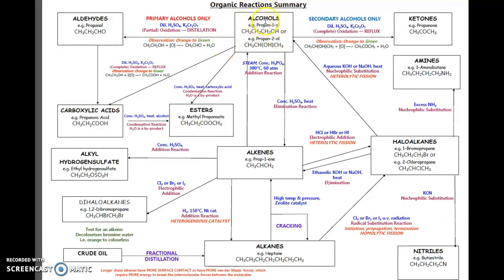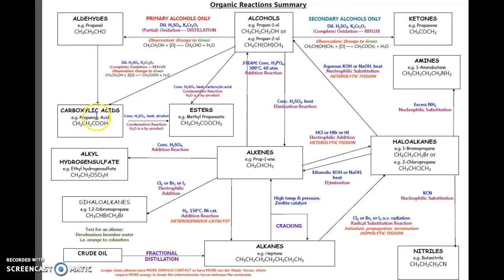Certainly alcohols themselves, how secondary alcohols can be converted into ketones, primary alcohols into aldehydes for partial oxidation, or for complete oxidation under reflux, they can be formed into carboxylic acids.